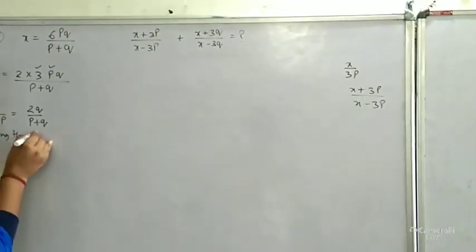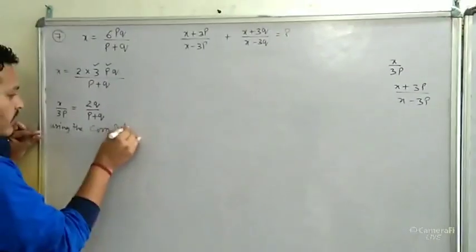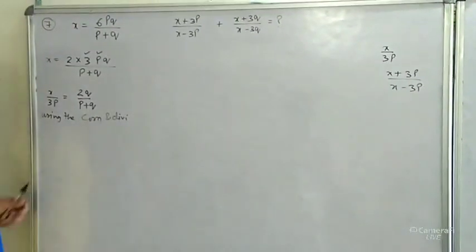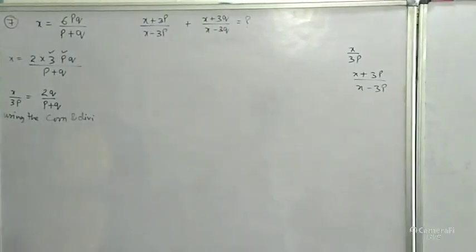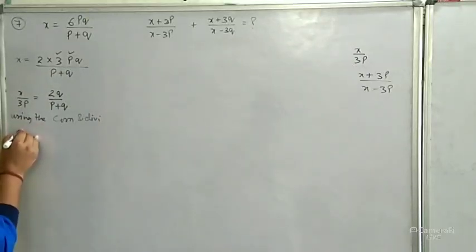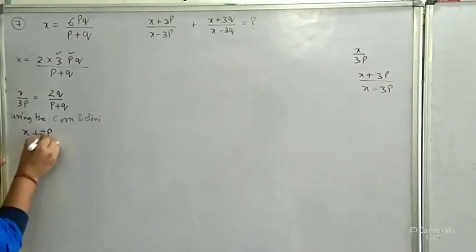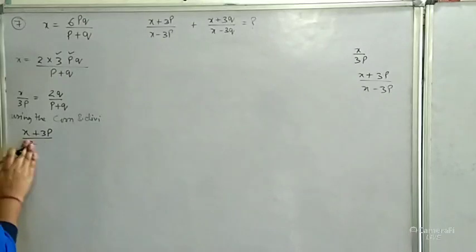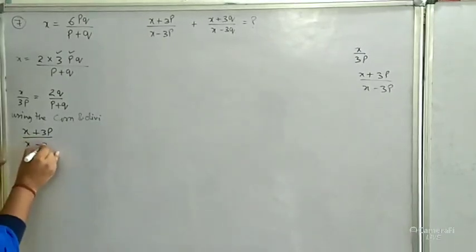Using the property of componendo and dividendo, we can calculate the value of x plus 3p upon x minus 3p: numerator plus denominator upon numerator minus denominator.